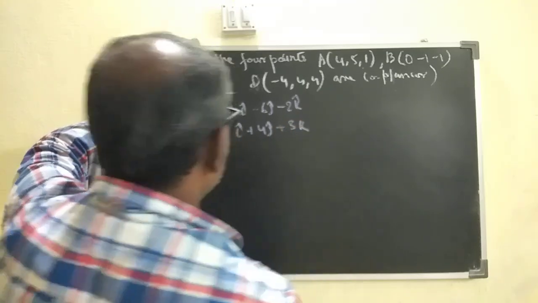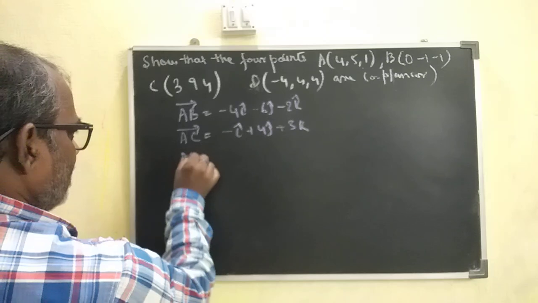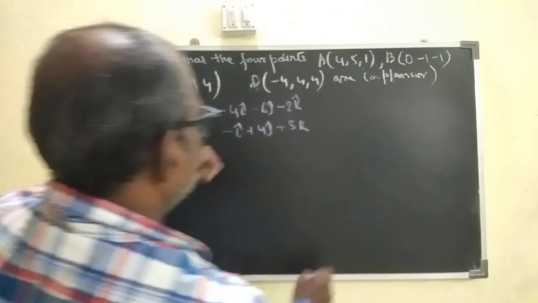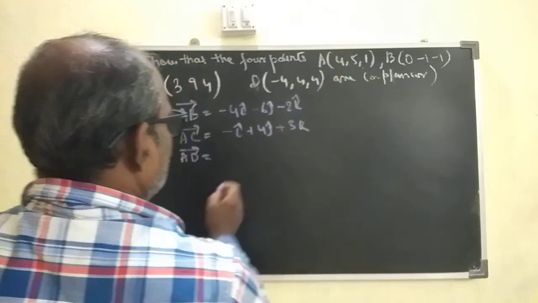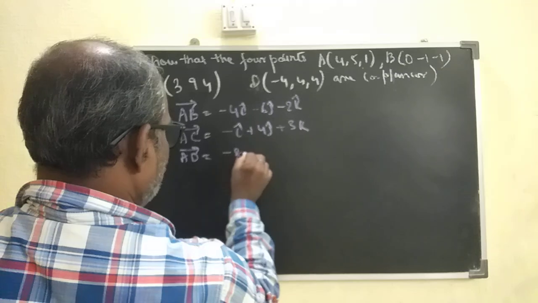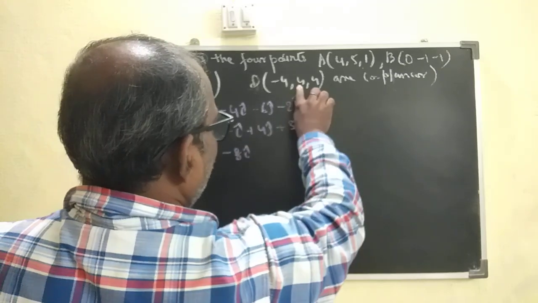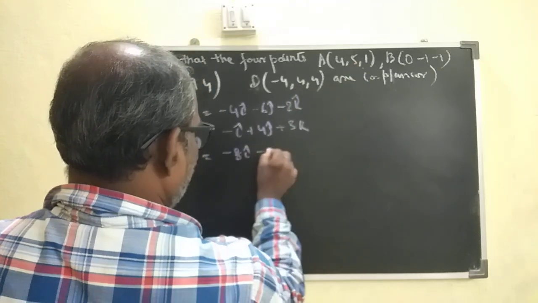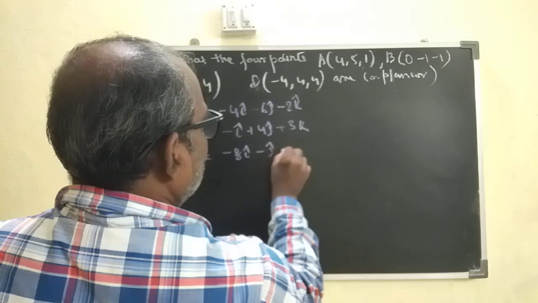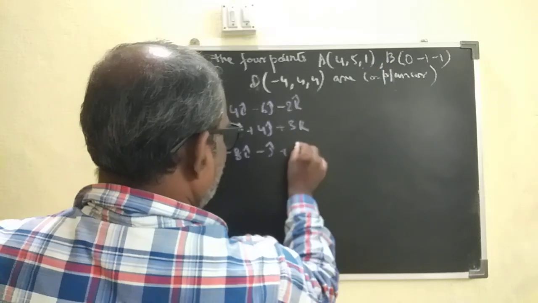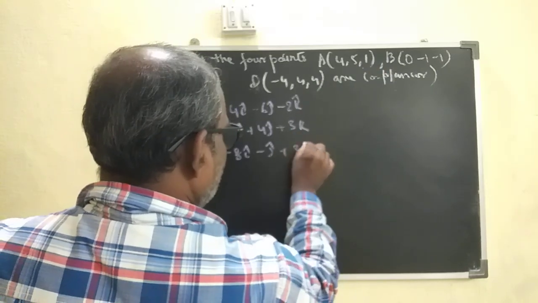Next we have to find out AD vector equals minus 4 minus 8 i, 4 minus 5, minus j plus 4 minus 1 is 3k.